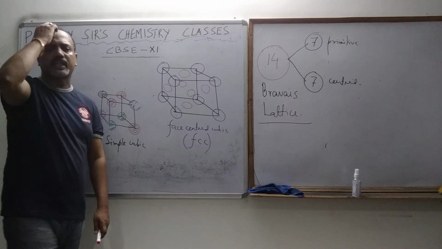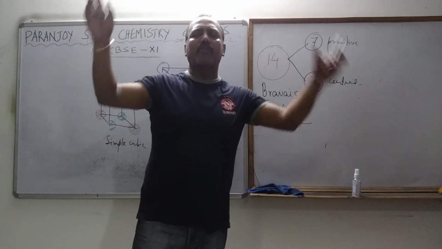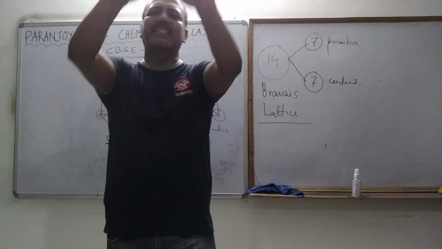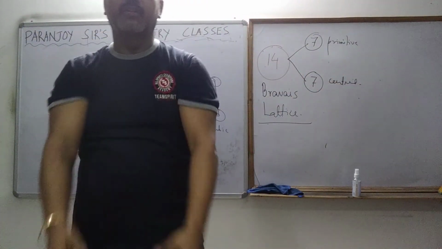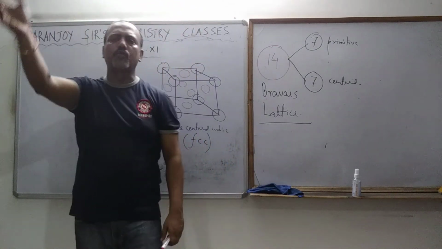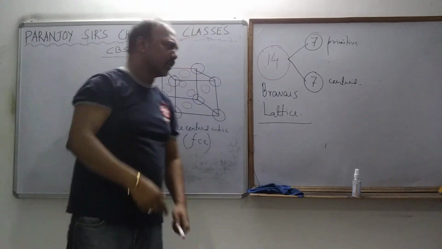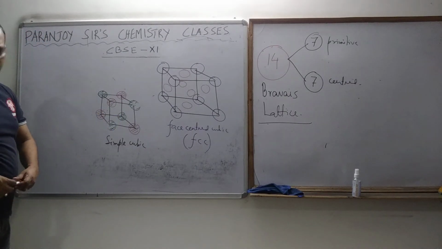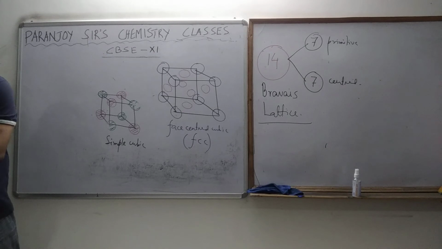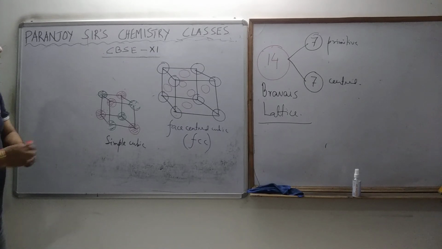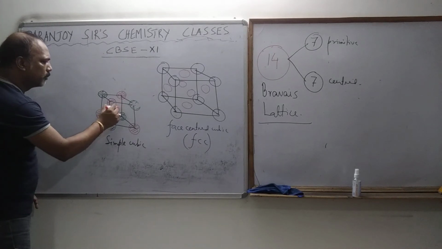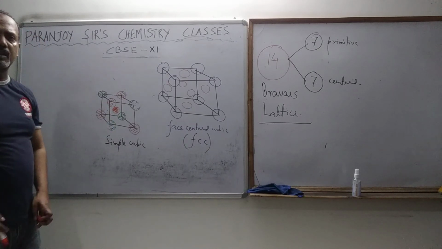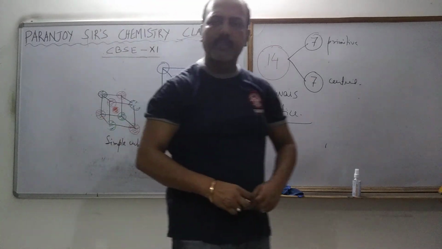The third one is, again, think of a room. 8 corners, 8 lattice points are there. And one is at the center of your room. Suppose I am drawing this one over here. So 8 corners, and one is present at the middle of the room, at the center of the room. One lattice point is present at the center of the room.